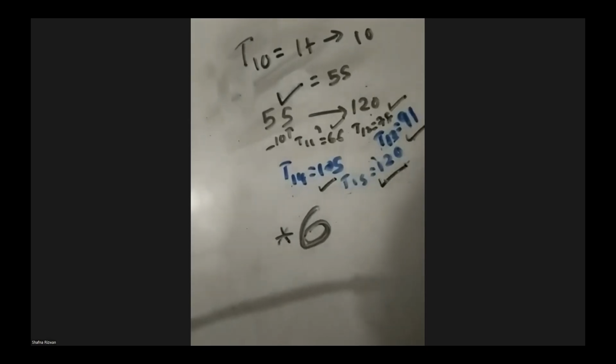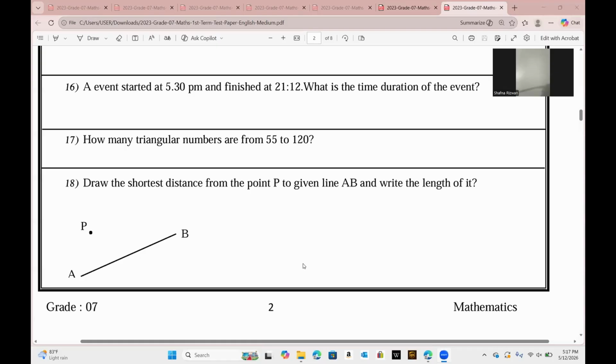Okay, guys, let's go to our next question. Now here they are asking you to draw the shortest distance from the point P to the given line AB and write the length of it.